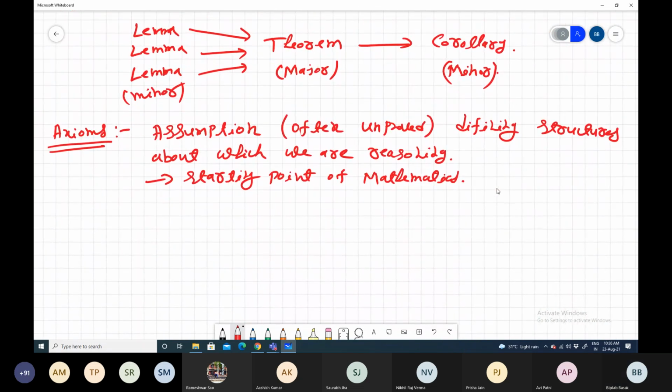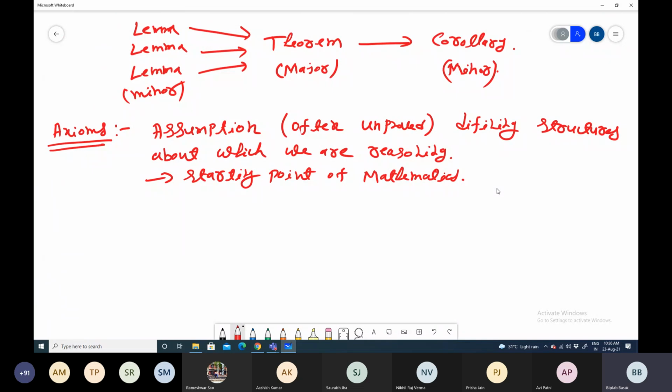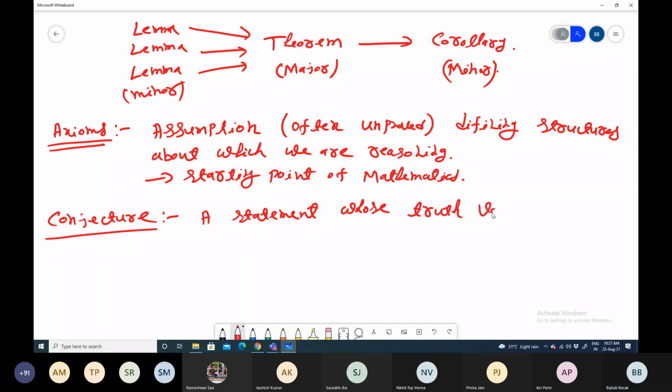Okay, so these are axioms, and there is another term called conjecture. Now conjecture means it is a statement whose truth value is not known.